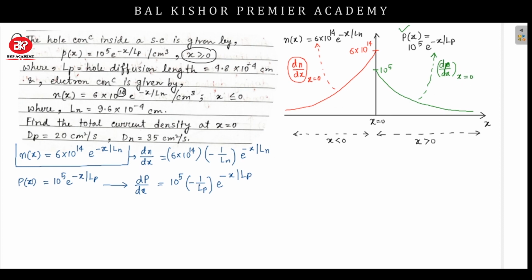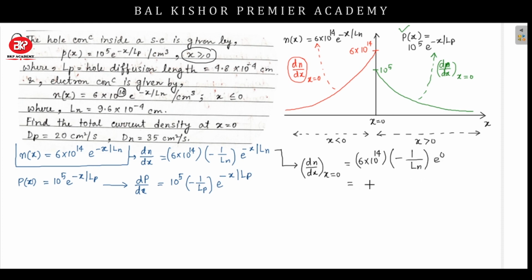So from this equation you can see we can calculate the value of dn by dx at x equals to 0. So for this equation we can write 6 into 10 to the power 14 into minus 1 by ln, and e to the power 0 will be 1 here.